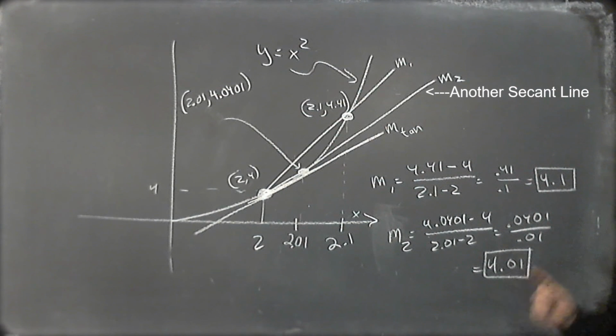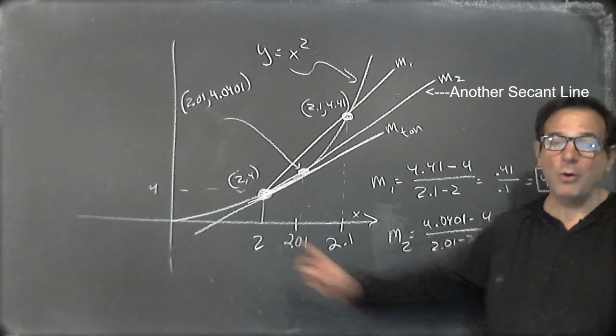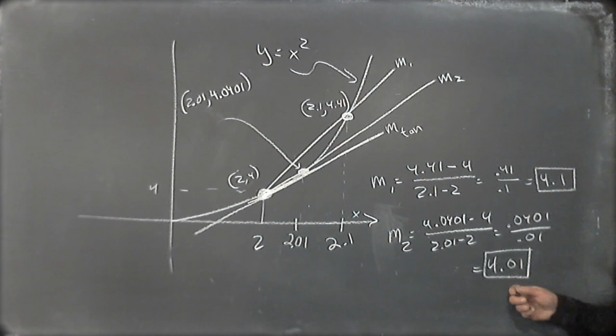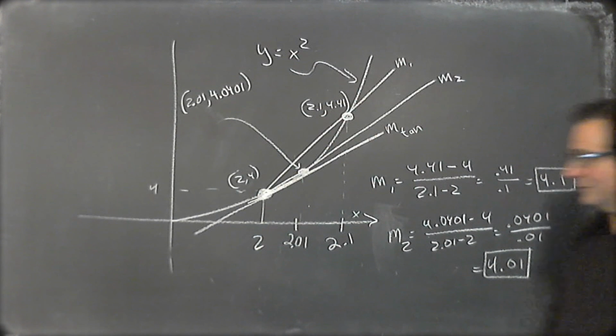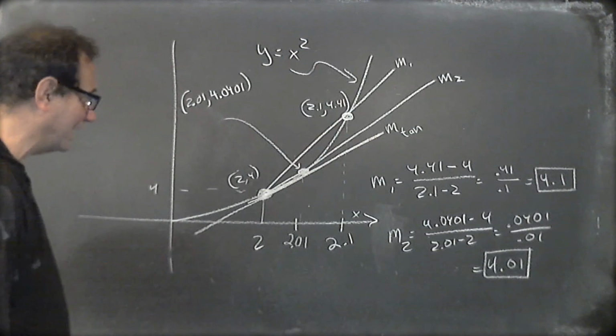4.1, 4.01. Want to bet what happens if we pick an x-coordinate of 2.001? Well, you are all very smart, so you're probably going to figure it out, right? 4.1, 4.01. What do you think? We're going to get 4.001? Yes. But I'm not going to clutter up the diagram. We'll do this on the side, all right?